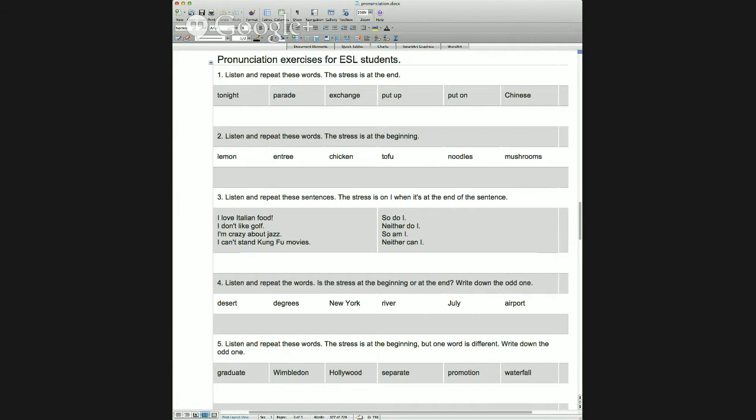And what happens to an E if we have a letter E in English and it's in the syllable that's not stressed? What happens to it? Like in chicken, noodles. So what happens is it becomes a neutral vowel.